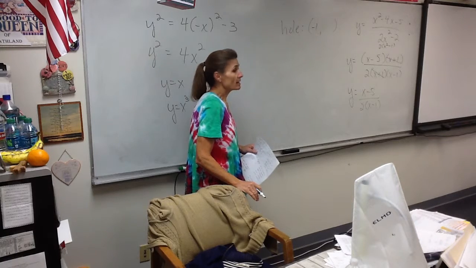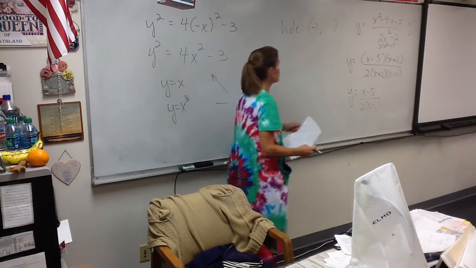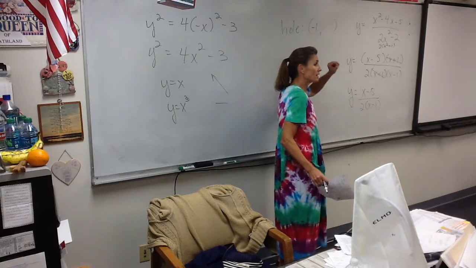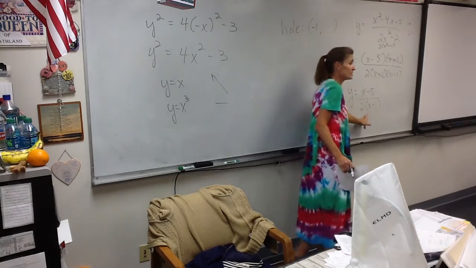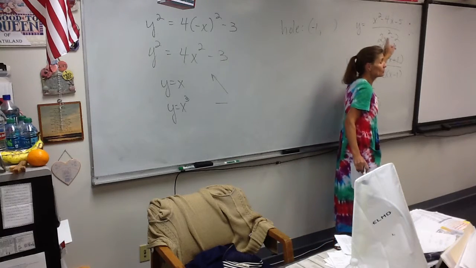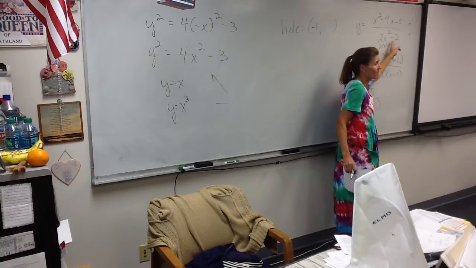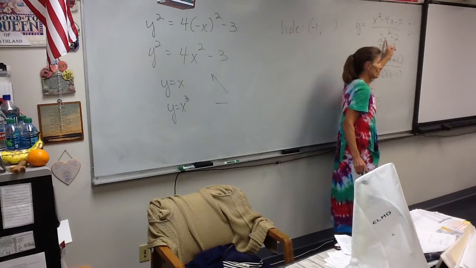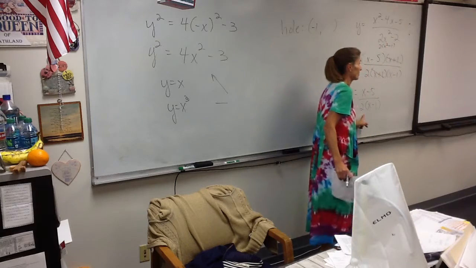Now how do you find the y? A bunch of you just stuck 0 in there. You gotta plug it into this right here. You can't plug it in up here, kids. If you plugged it in here, you'd get a 0 in the denominator. Maybe that's what you were doing, I don't know. You can't ever have a 0 in the denominator, so you gotta plug it in here.